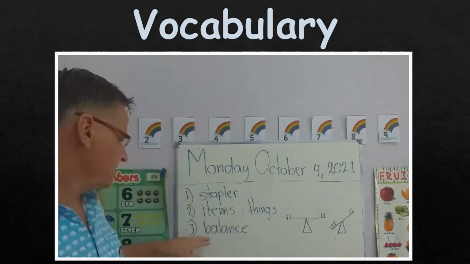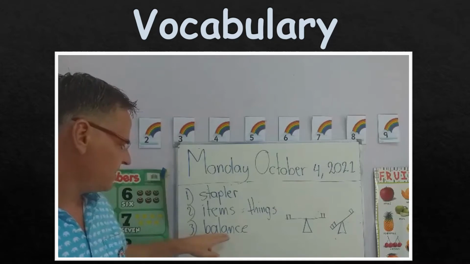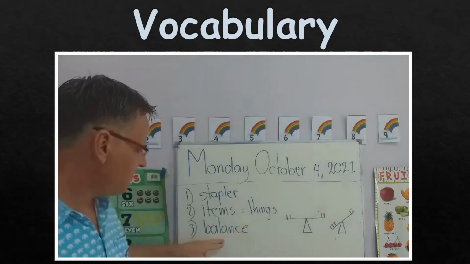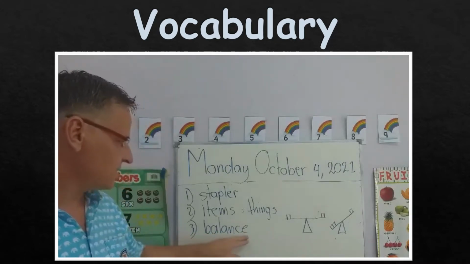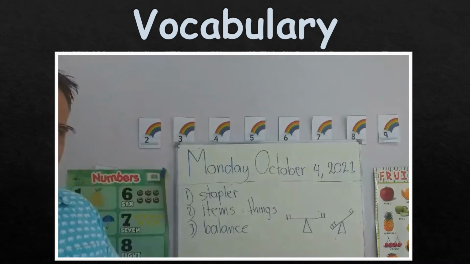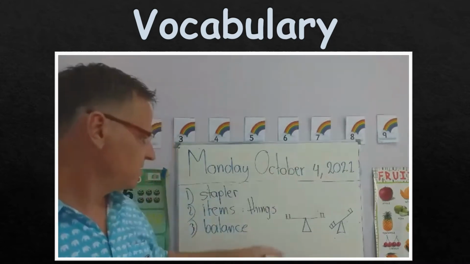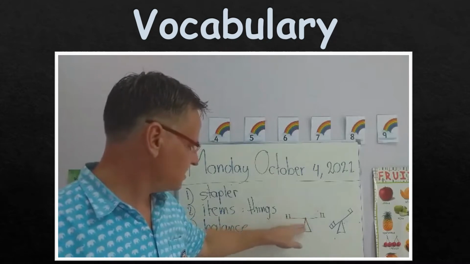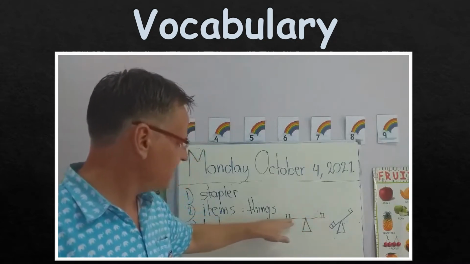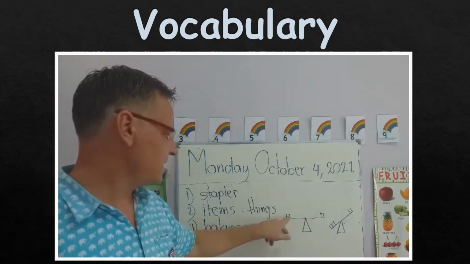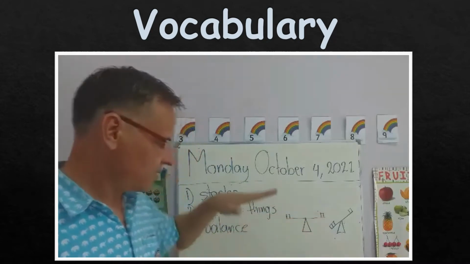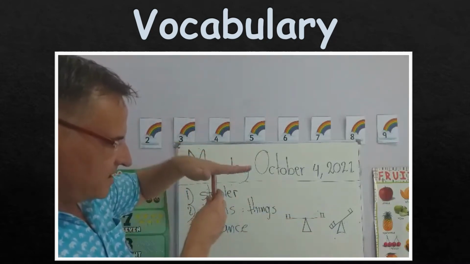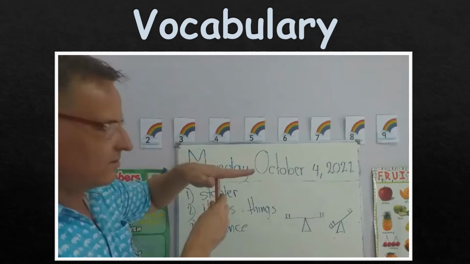And number three, B-A-L-A-N-C-E, balance. Okay, when something is in balance, look here. This is a triangle with a plank on it, and there's the same weight here as there. So the weight is balanced on the triangle, right?